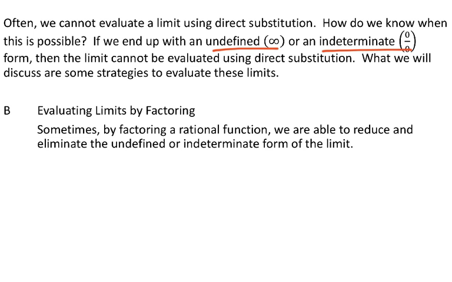If we get that situation, we have a couple of options to deal with, and the difficulty lies in deciding which of those options to use. The most common one will be factoring. So we take a look at the top and the bottom, see what's factorable, and go from there.